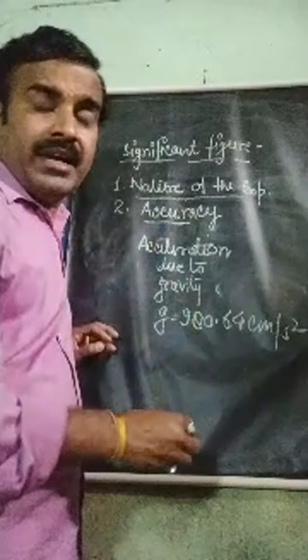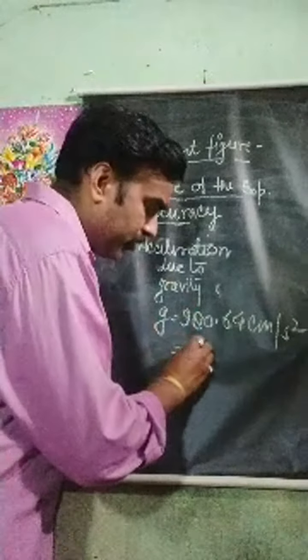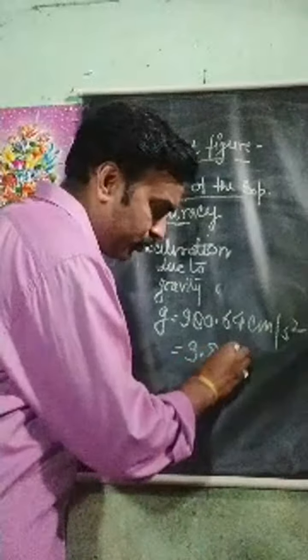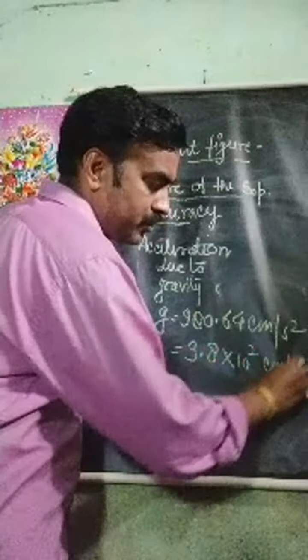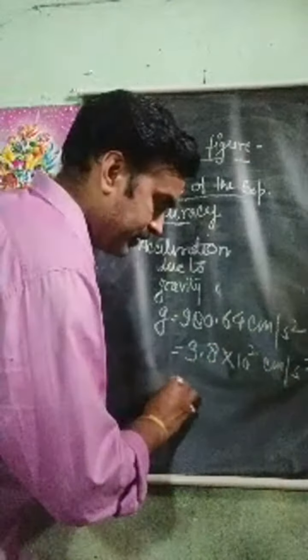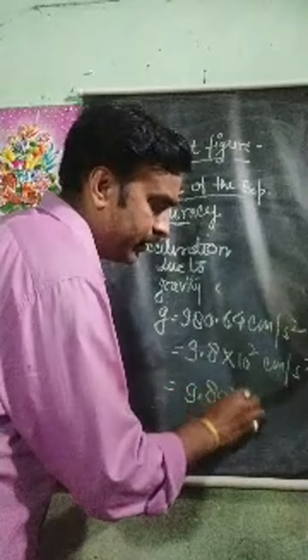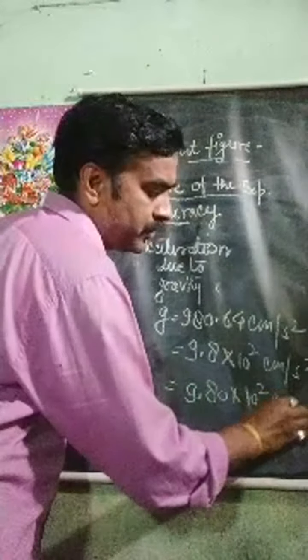Now if you want to write it, you can write it in this way: 9.8 into 10 to the power of 2 centimeter per second square. You can also write 9.80 into 10 to the power of 2 centimeter per second square.